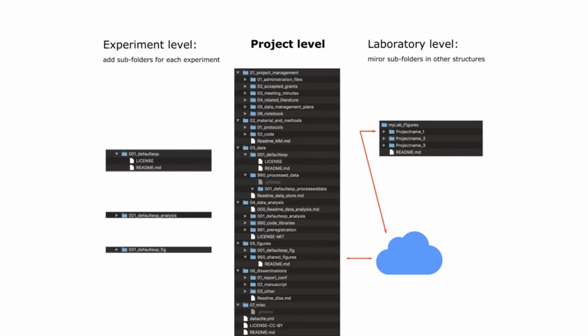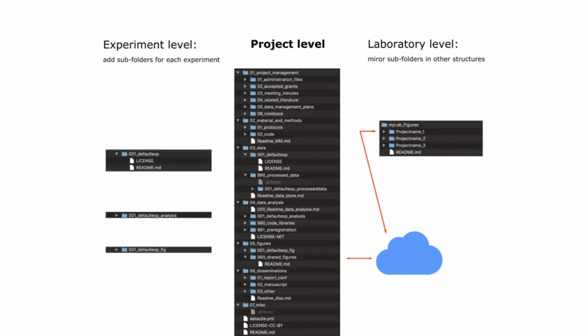But there is also a laboratory level, or a cross-project level. So for instance, you may want to have figures from different projects in a single folder, or all your conference documents in the same place.